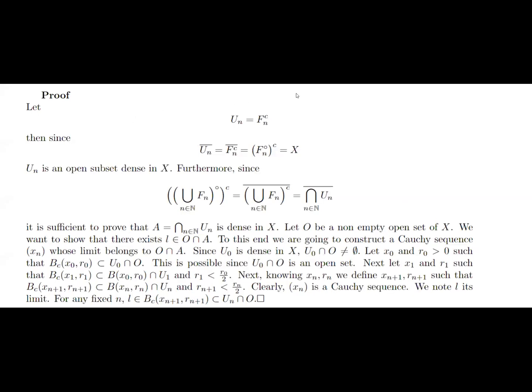So the proof of the Baire theorem, let's first give the ideas. There are two main ideas in the proof. First, we are working with open sets, so we are working with the complement.